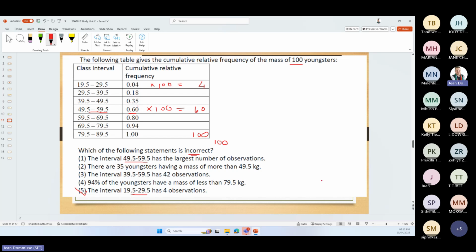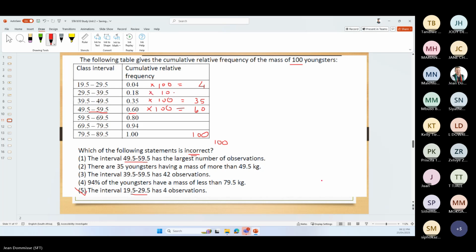So now you need to look at what was the cumulative for the previous one. And so now, unfortunately, we will need to fill in the rest. Now, that's not cool, but it's fine.